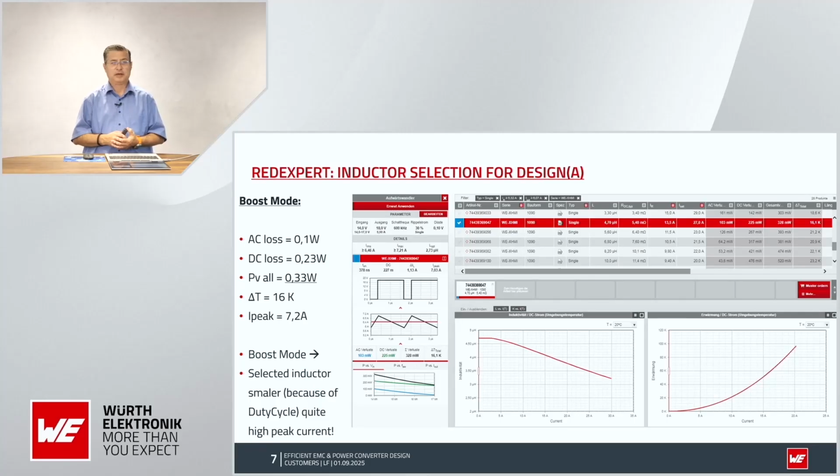Now for the inductor selection, you can try to use our online tool, which is the Red Expert. I will show you how to use the Red Expert if you know the parameters. So I will switch now to my Red Expert.